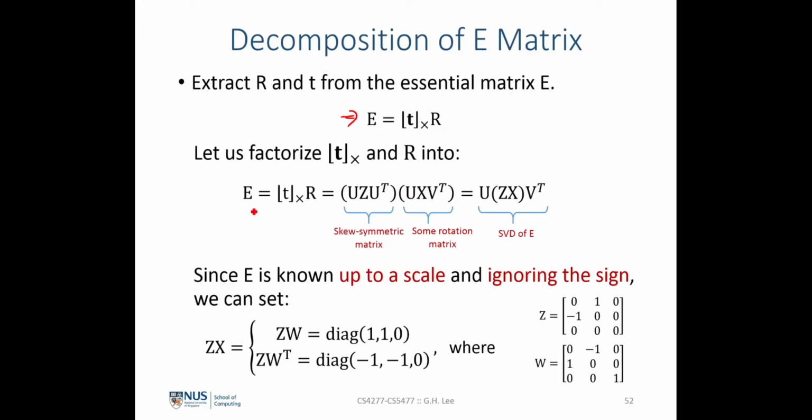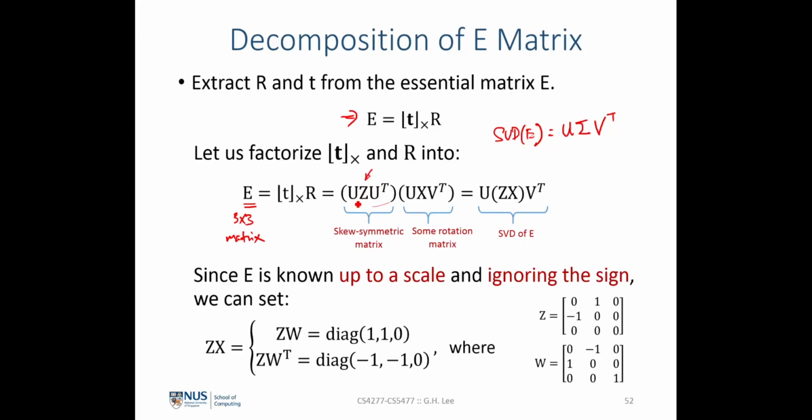Given E over here, the essential matrix, which is a 3 by 3 matrix, we take the SVD of E, and this will give us the left orthogonal matrix U multiplied by the singular values and V transpose, where V is the right orthogonal matrix. We can simply rearrange this, taking U and V, such that we multiply U by a matrix which we define as Z over here.